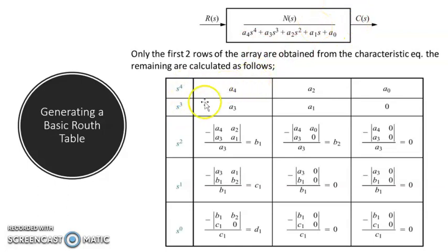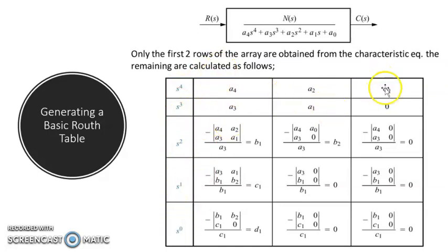The first two lines here come from the characteristic equation, which is the denominator of the transfer function. Make sure it's in order: S4, S3, S2, S1, and S0. Then you look at the coefficients. The highest power is 4, so you start with S4, S3, S2, S1, and S0.